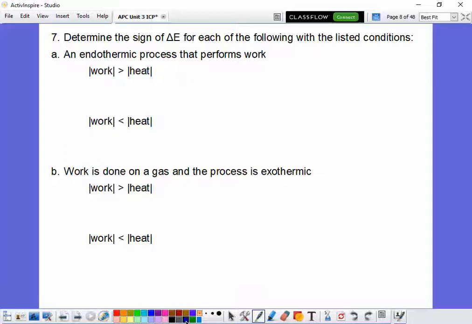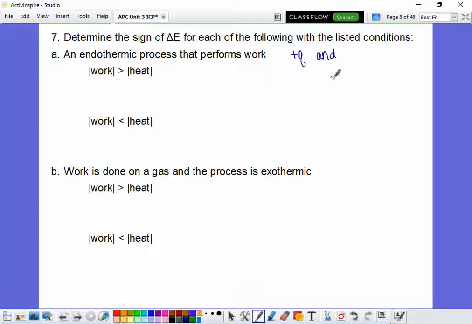Now remember, delta E is Q plus W. So if we have an endothermic process that performs work, what sign does my Q have? Positive, because it's endothermic.